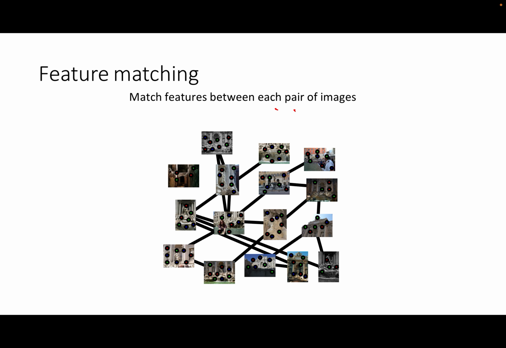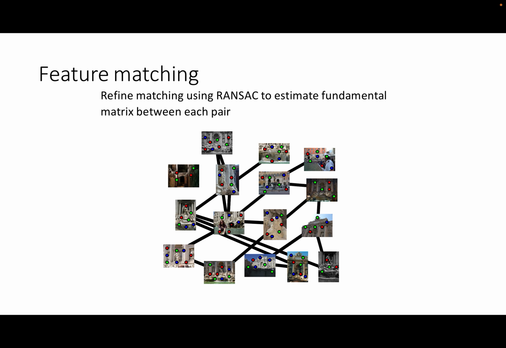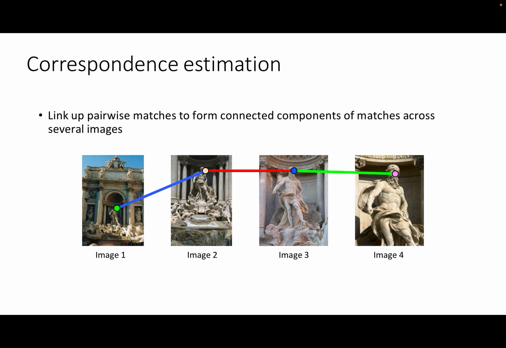Assume we now have some matched results. Of course, we can do epipolar geometry to get the fundamental and essential matrices, and then do RANSAC to refine matching. We've learned all this stuff. And link up pairwise matches to form connected components of matches across several images. That's just image matching.